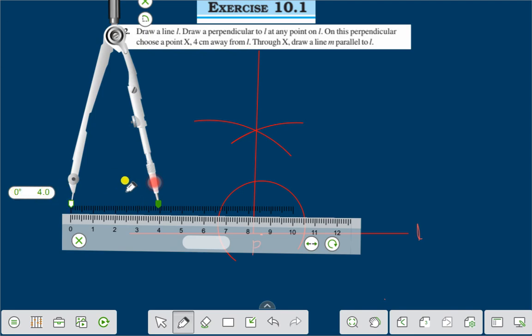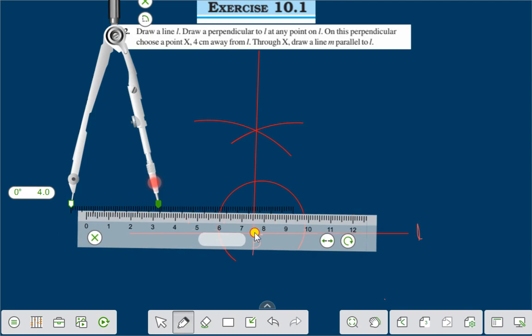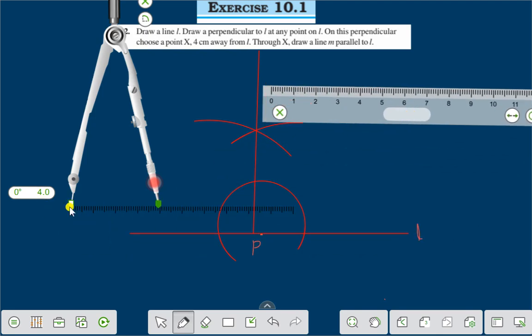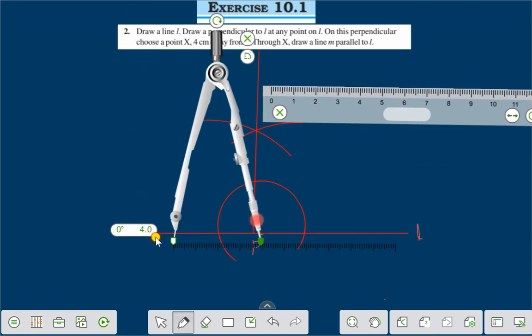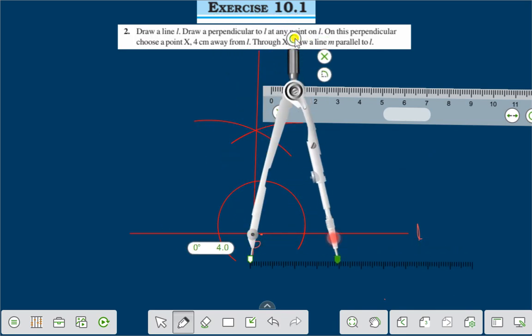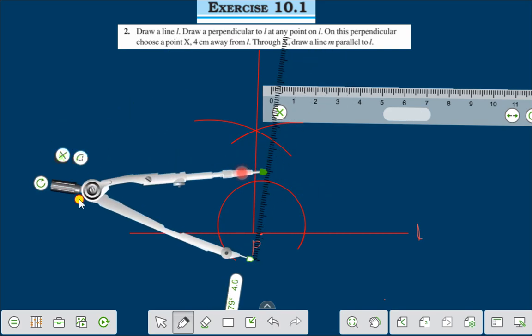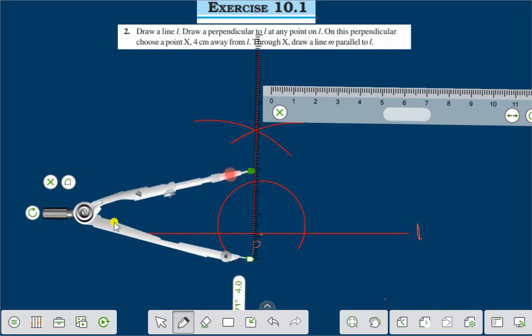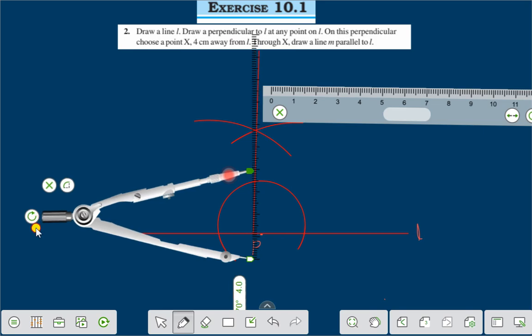Now with this, we will cut here. Now take this pointer and cut 4 cm on this line.